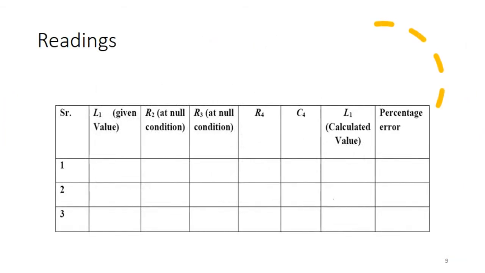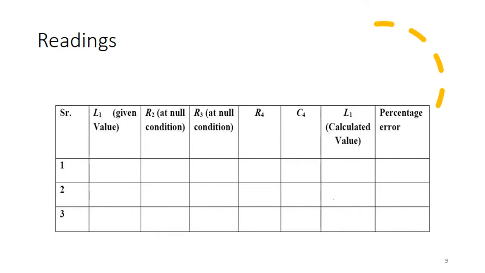We have to fill up this table while performing our experiment. L1 is the given value. We need to perform this experiment for 3 different values of our inductance, which we will be using from our laboratory. R2 at null detection condition and R3 at null detection condition.